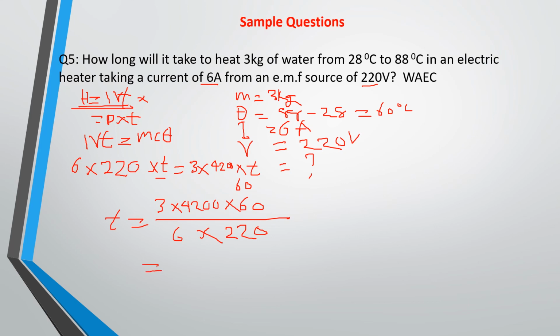So if you solve all this out, you have your time equal to 572.7 seconds. Okay guys, so we have solved a lot of problems in this topic, and I hope that they are clear. Please go through these questions very well so that you have a deeper understanding.